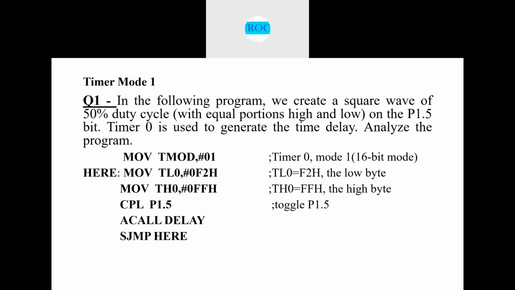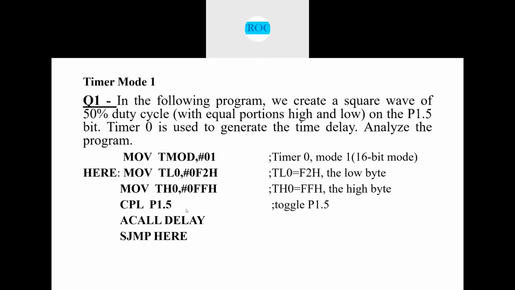And whenever it comes out of that loop, what will happen? Again these two registers are initialized with the initial value. Again you complement P1.5, so that P1.5 will be set to 0 now. For how long will P1.5 be 0?